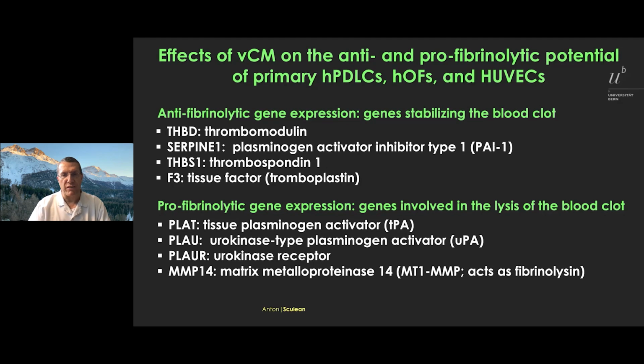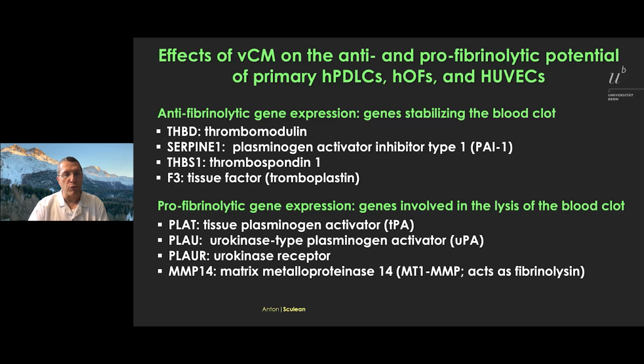That means the genes that stabilize the blood clot, for example, thrombomodulin, plasminogen activator inhibitor type 1, spondin 1, F3 tissue factor, that is the thromboplastin. All these have an anti-fibrinolytic gene expression. They are very important to basically stabilize a blood clot in the first event of the wound healing.